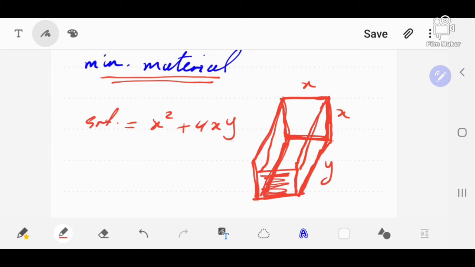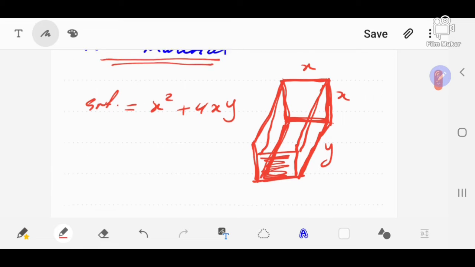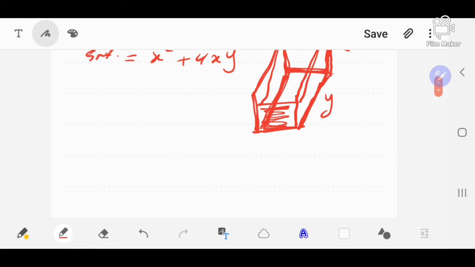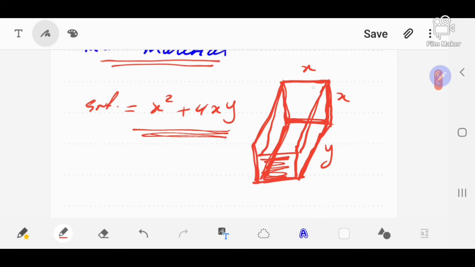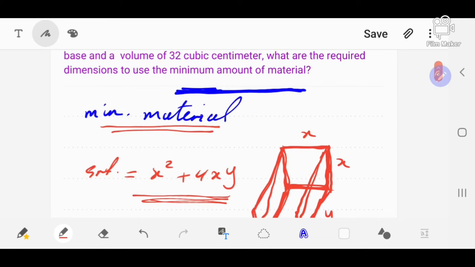Now we have a relation that relates x and y, but unfortunately it has 2 unknowns, 2 variables. And as I mentioned in the other video, you need to make this formula depend on one variable only, either x or y. How am I going to do this? Either from the drawing we can find the relation, or from the question itself.